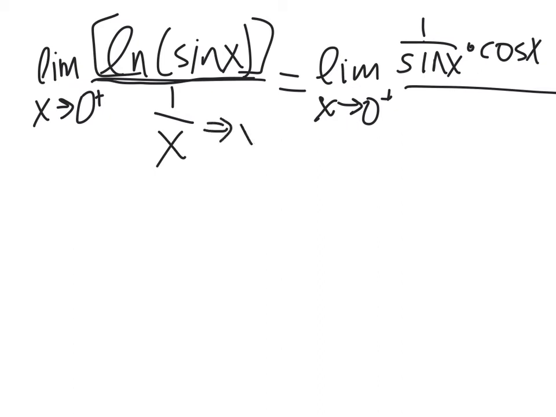Well, this you'll have to think of as x to the negative 1. Derivative would be negative 1 x to the negative 2. And let's see.